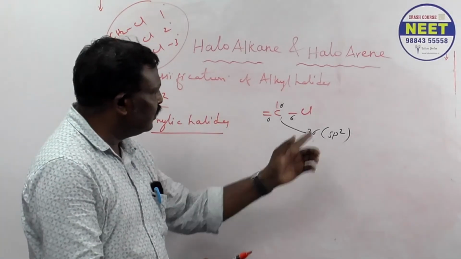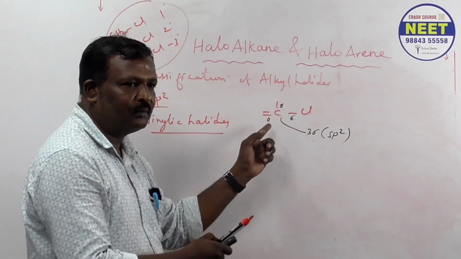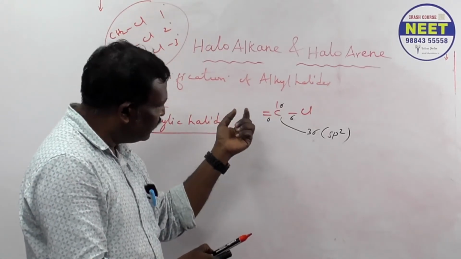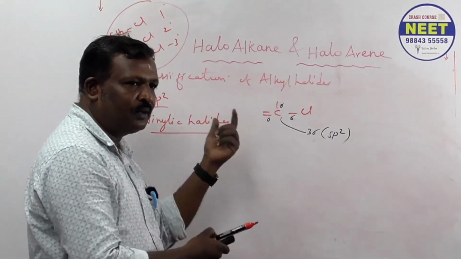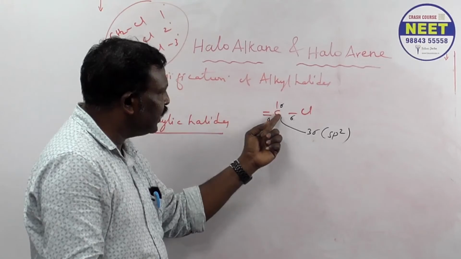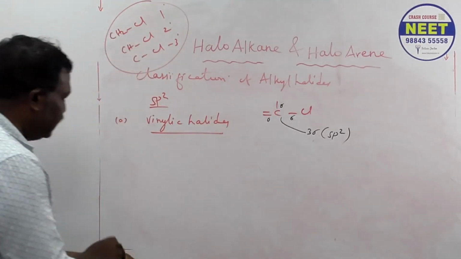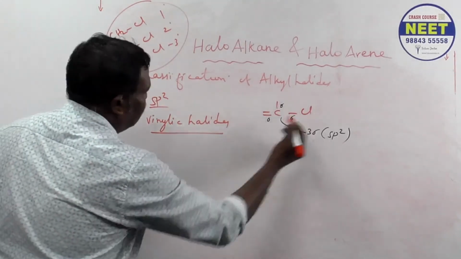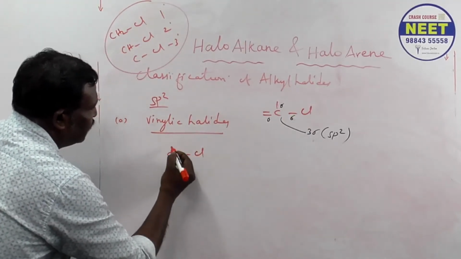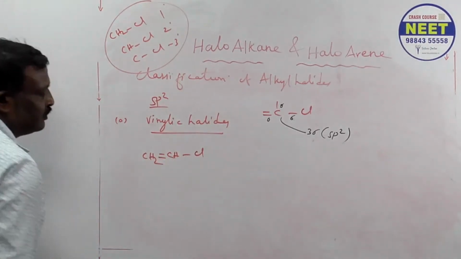Halogens attached to sp2 carbon of, immediately the double bond will come. So the best example, I'll put the same thing here, CH. Can I do it like this?